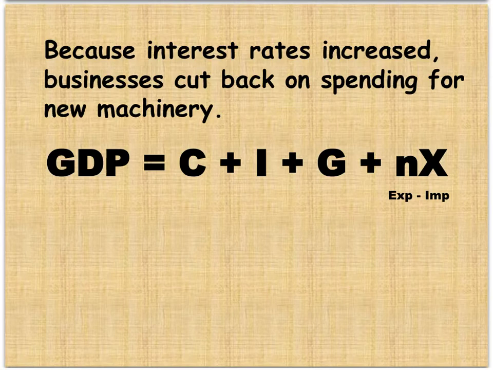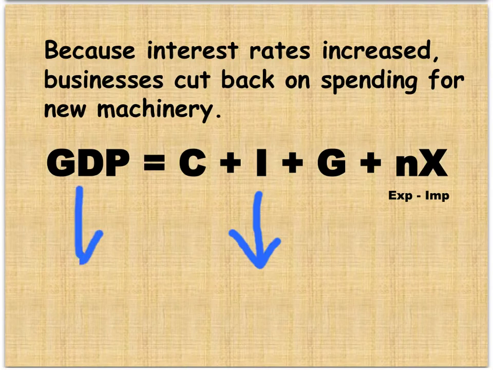All right, so let's run through some examples. Because interest rates increased, businesses cut back on spending for new machinery. How does that affect GDP? Well, clearly that's going to be in the investment category, and businesses are spending less on investment, therefore total GDP will go down.